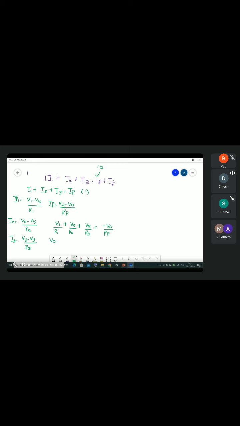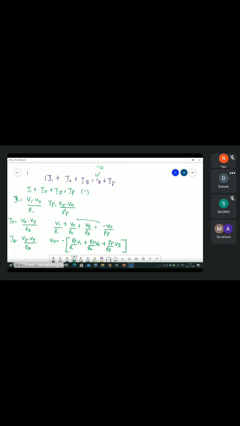I want to get V0 is minus, and I'll put a bracket like that. I've shifted this minus to this side, and I'm going to multiply it. So this is RF upon R1 multiplied by V1 plus RF upon R2 multiplied by V2 plus RF upon R3 multiplied by V3.